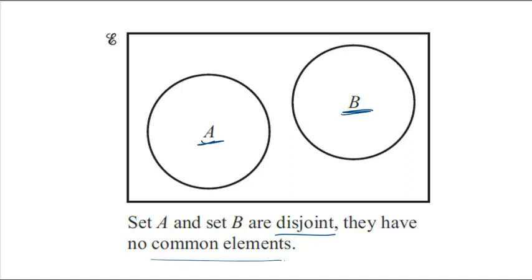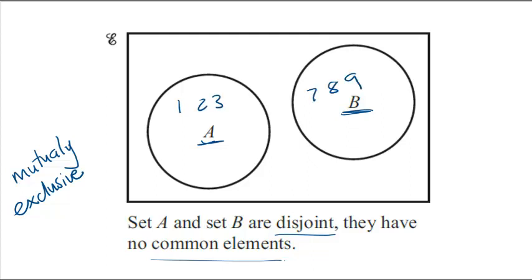Another way of addressing this is to say that they are mutually exclusive, meaning that the numbers in A, let's say it's 1, 2, 3, and the numbers in B are 7, 8, 9, they do not overlap. A and B have got nothing that they share.